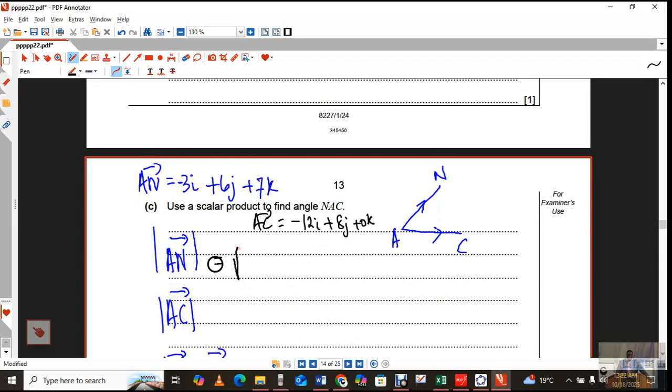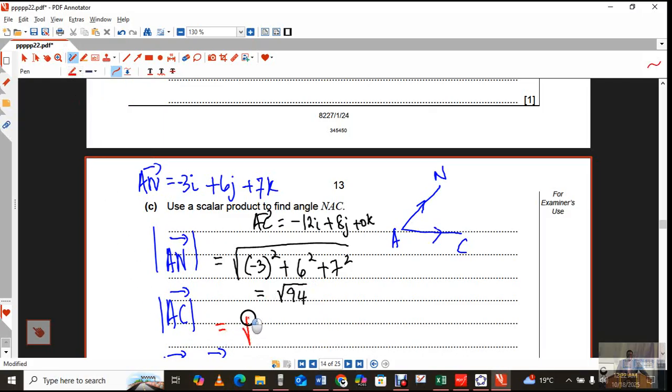So what we have is AN is going to be negative 3 squared, ideally it's not necessary to write that negative, plus 6 squared plus 7 squared. Take the square root of that. What is that going to give you? Well, that's going to give you the square root of 94. Then we do AC as well.